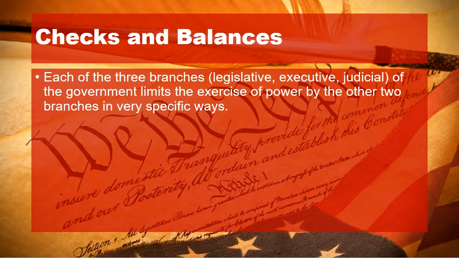Now, the judicial branch can determine if the laws or actions of the other two branches are unconstitutional, but they are in turn in check because they are there because the executive branch chooses them and the legislative branch approves of them. So those are some of the specific ways that each of those branches check the powers of the other two branches.